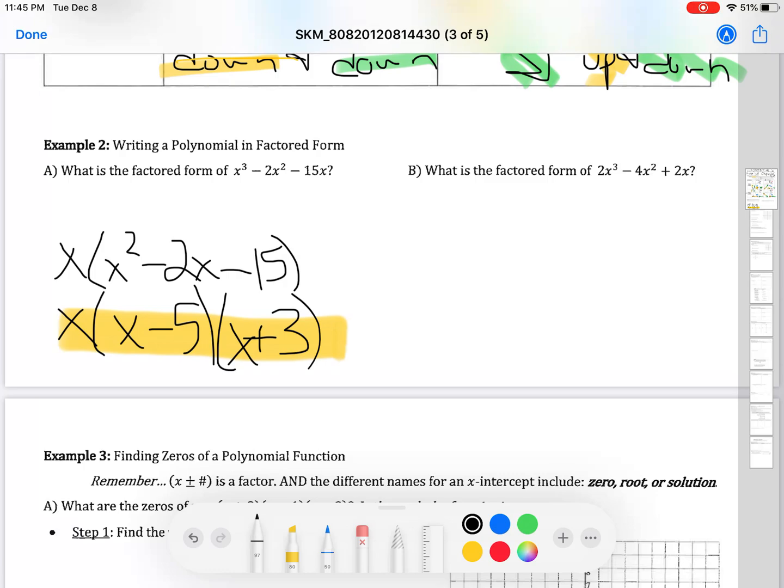All right, same thing here. Try pausing this video. Again, pull a GCF out, and then just keep factoring as necessary. All right, pause this video, and then go ahead and see what you got.